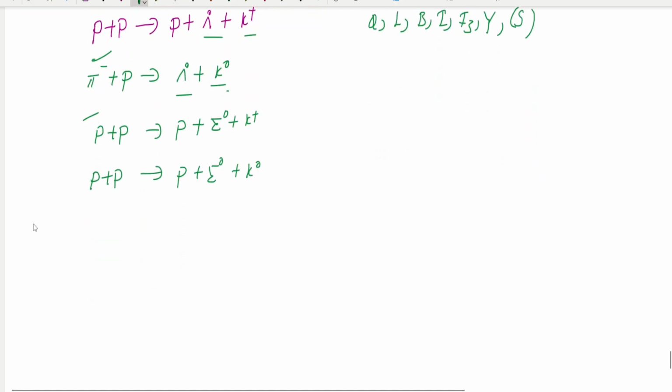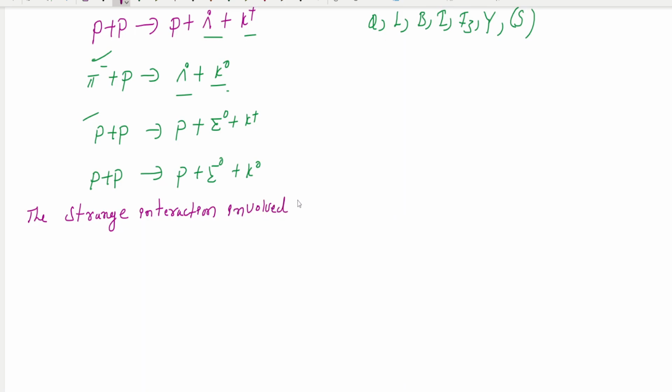So it is better to write that sentence: the strong interaction involves a new kind of quantum number called strangeness.